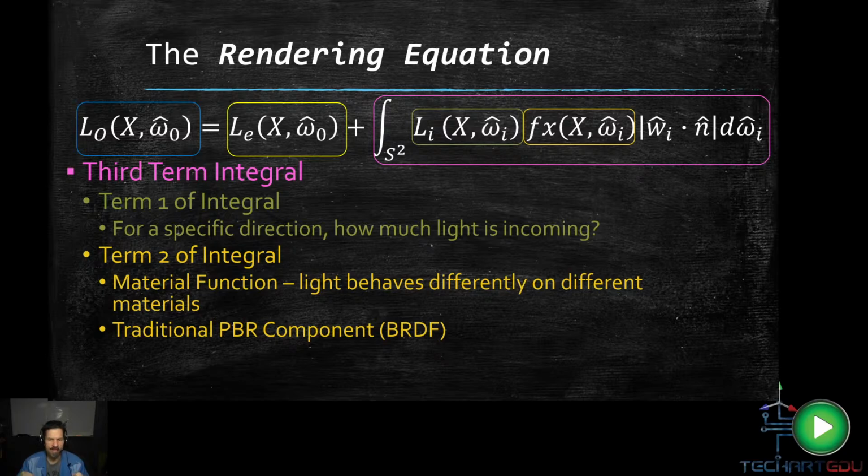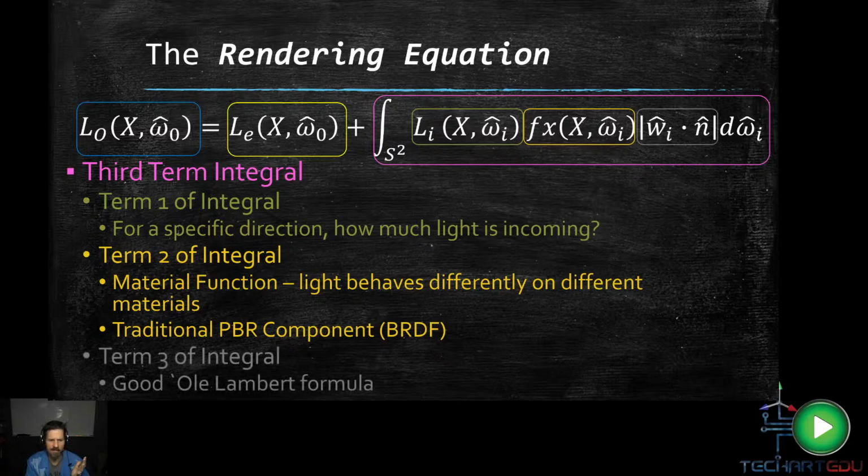In other words, light behaves differently on different materials. So rubber looks like rubber because of certain properties of the material. Leather looks like leather. Skin looks like skin. All these different materials have different BRDFs. And this is the traditional physically based component that makes it physically based, because this actually duplicates what light is doing when it bounces off the surface.